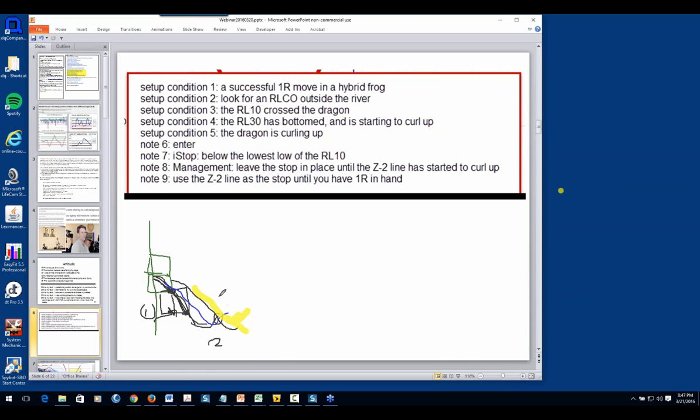And so now the 10-period regression line has crossed the dragon, so that's number 3. Now the 30-period regression line has started to roll over and curls up. That's number 4. The dragon is curling up. See him rolling up. So that's 5. So now we're going to find some easy way to enter, like when a candle takes out the previous candle. So we're going to enter. That's number 6.